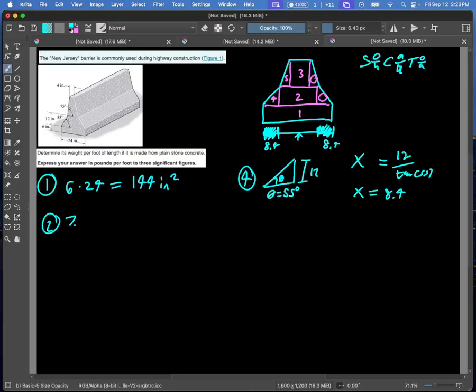This one here is going to be 7.19 times 12. Length here of 7.19, height of 12. That gives 86.34 inches squared, and if you look, it makes sense. It makes sense so far.